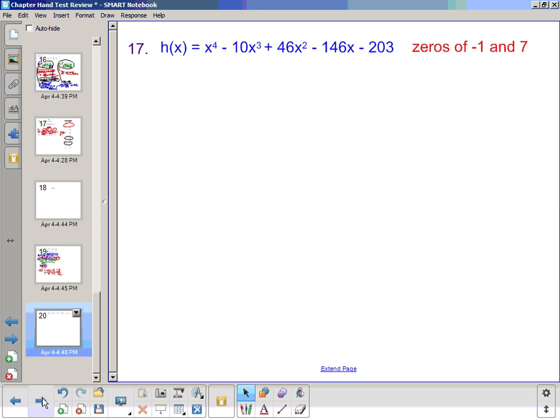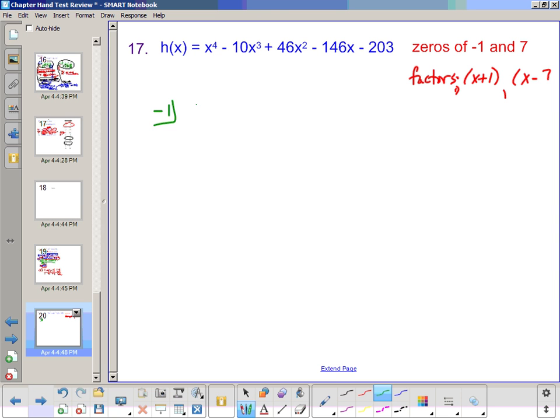And for the very last one, we've got zeros of negative 1 and 7, and that means that we have factors of x plus 1 and x minus 7. So let's do some division. Let's first divide by x plus 1.